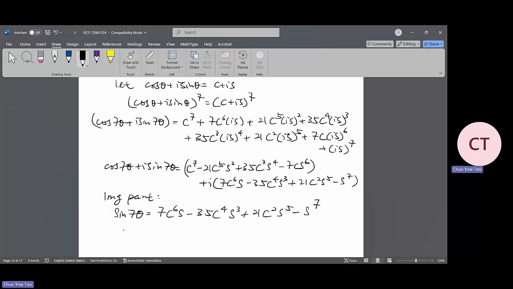So given that the C square plus S square is equal to 1, that means the C square can be written as 1 minus S square.